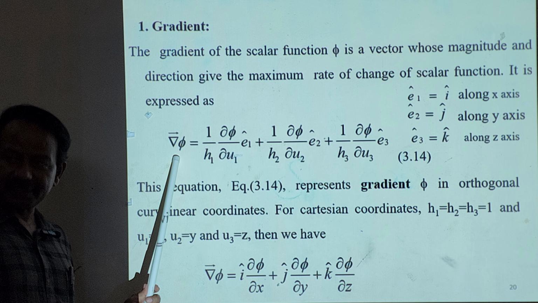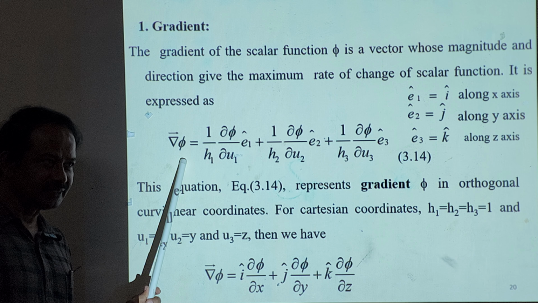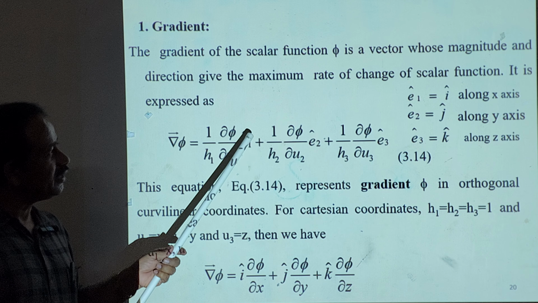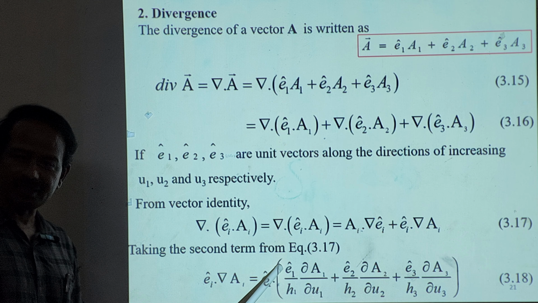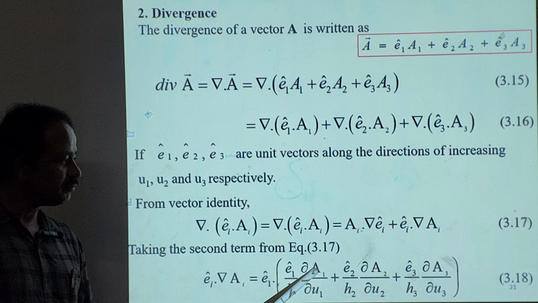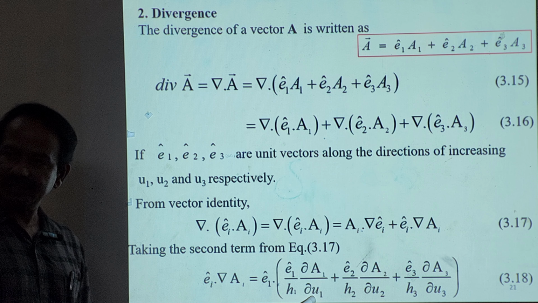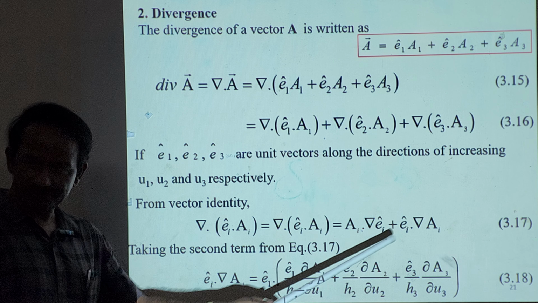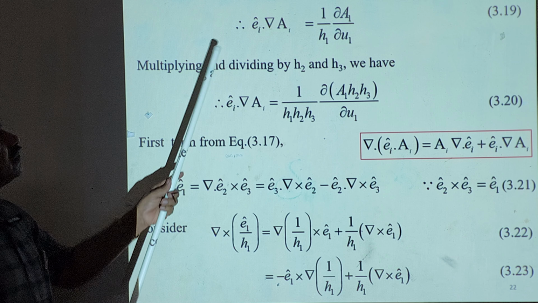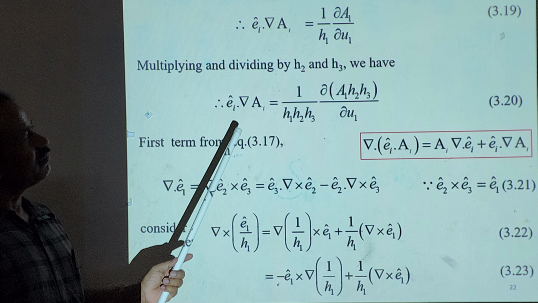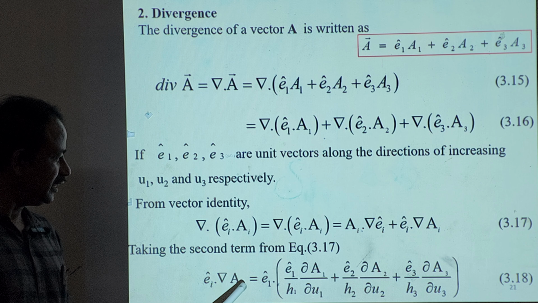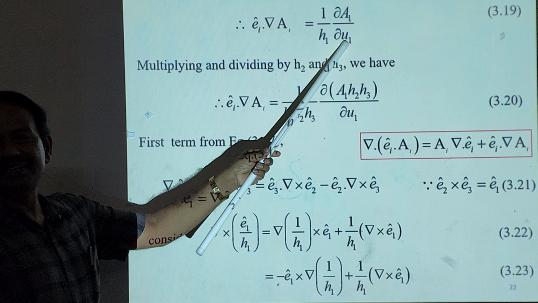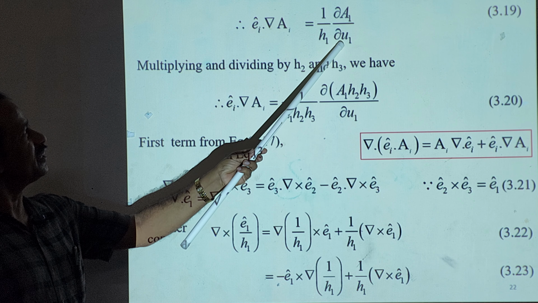Already we have found del phi, so we have to use only this gradient expression. So E1 cap divided by H1, and instead of phi we substitute A1, so dA1 by dU1, similarly plus this expression plus this for the second and third. Generally we can write EI dot del AI equal to 1 by H1 dAI by dUI.